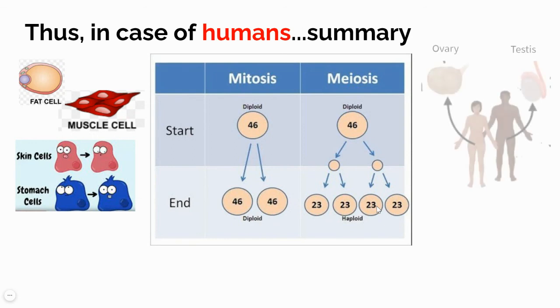Whereas meiosis is something that will happen only in case of an adult male or female animal. We have taken the example of human over here. So only in case of a male, inside the testis, meiosis happens to produce sperms, and inside the ovary of the female, meiosis occurs to produce ova or egg.